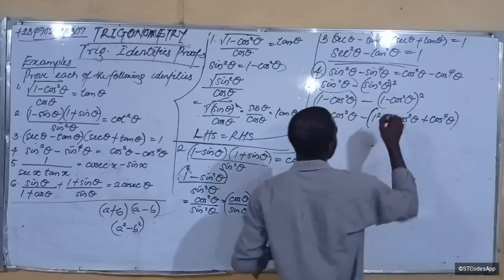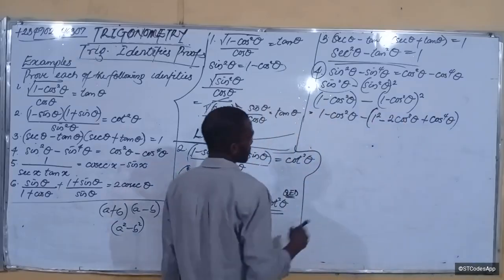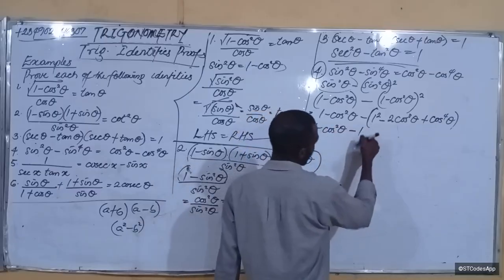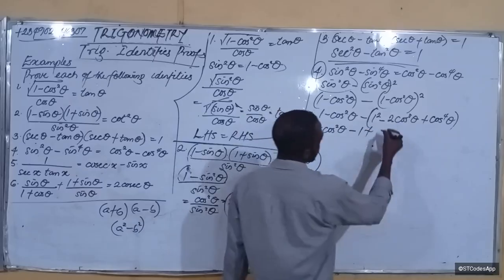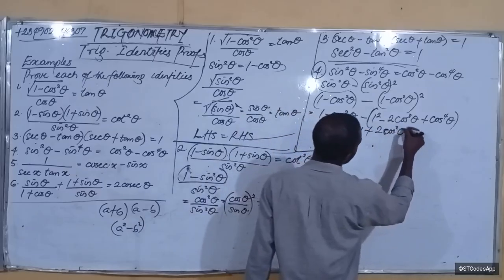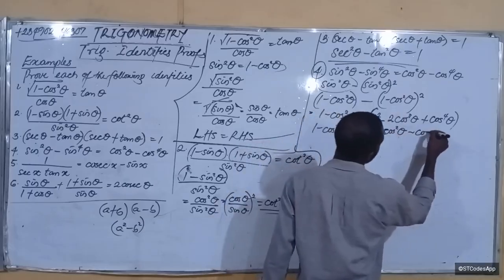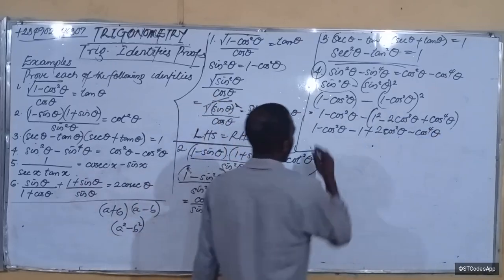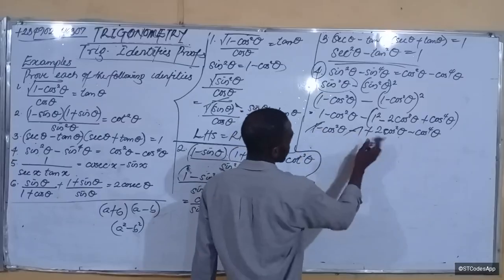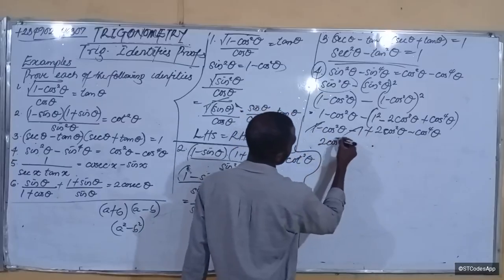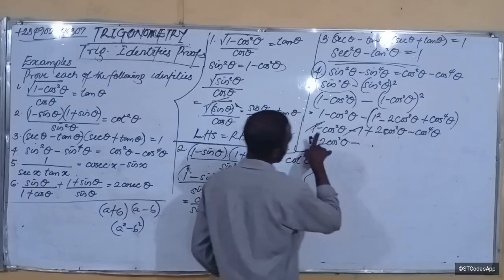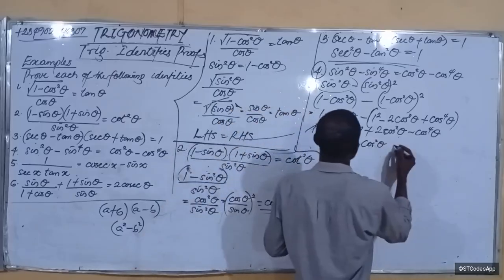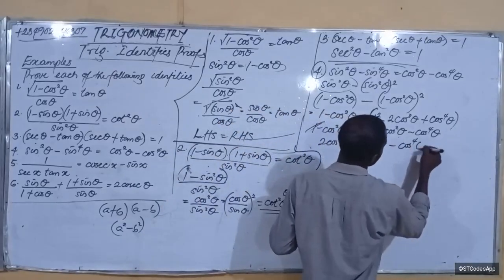So we have 1 minus cos squared theta minus 1, minus times this, plus 2 cos squared theta, minus times this, minus cos to the 4th theta. From here, 1 minus 1 is 0, so let's write this one positive first: 2 cos squared theta minus cos squared theta, then minus cos to the 4th theta.